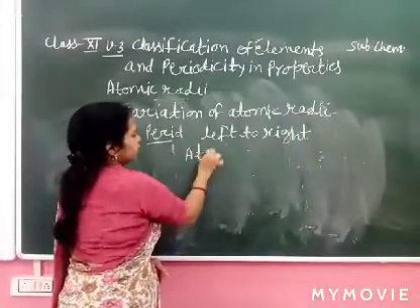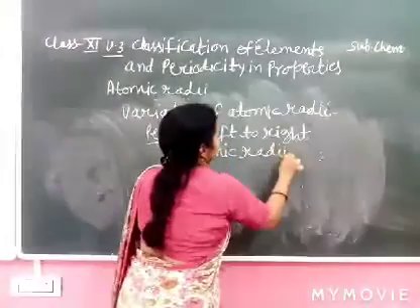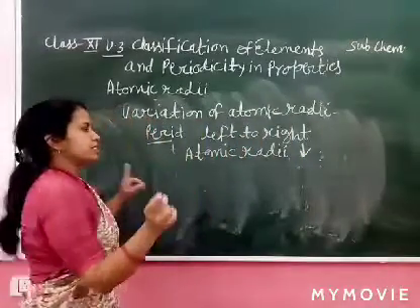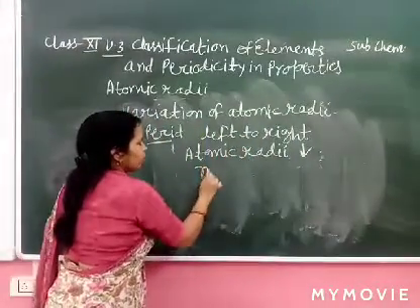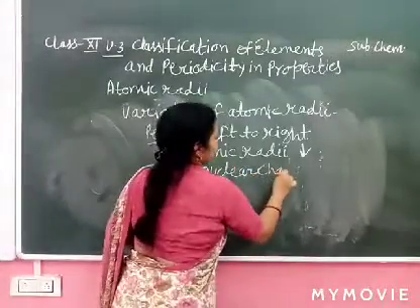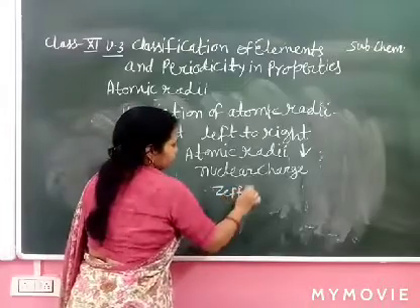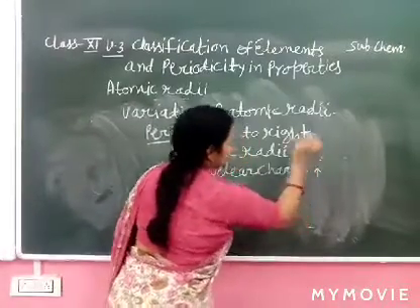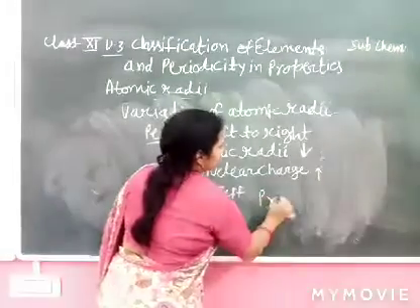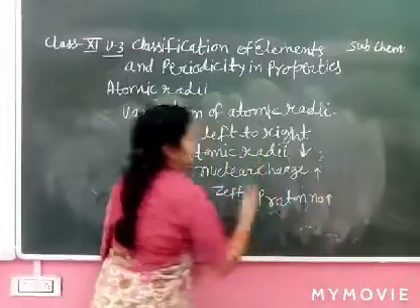Atomic radii always decrease. The reason is again the same: the effective nuclear charge Z increases. Why is it increased? Because proton number is increased.